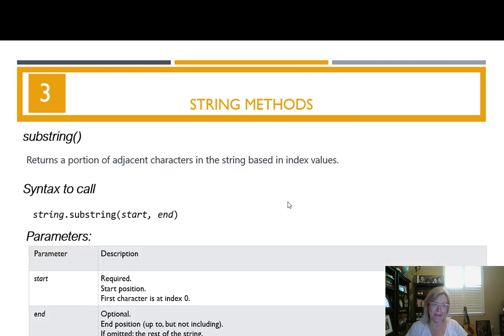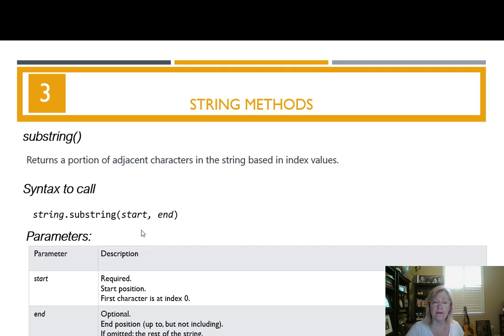Here's another method called the substring. A substring is simply a portion of the string. So to make the method call, you have the string, which is probably the string variable, dot substring, and notice there's 2 arguments.